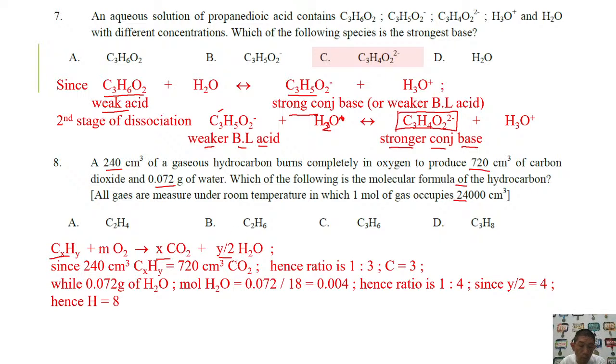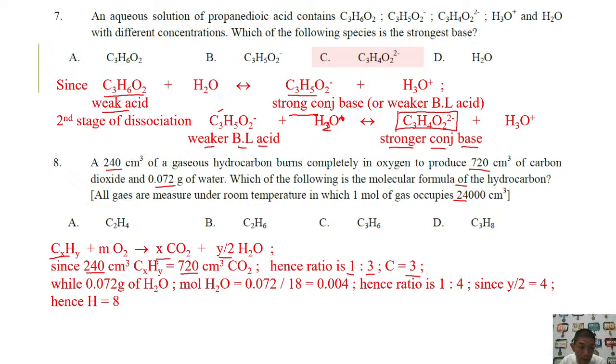So you use the mole to solve for this. Since 240 cm³ of the hydrocarbon produces 720 cm³ of carbon dioxide, the ratio of the hydrocarbon to carbon dioxide is 1 to 3. Therefore, this hydrocarbon contains 3 carbons.